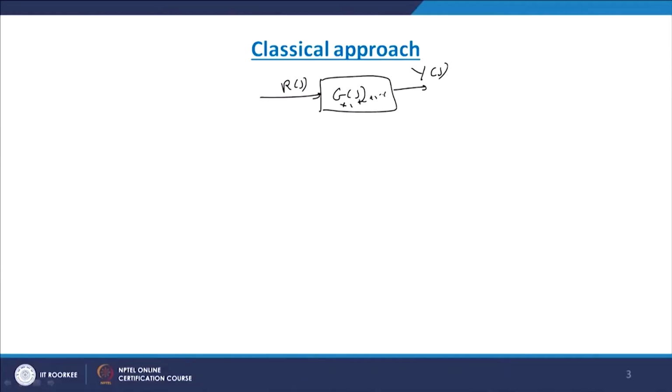But in state space we are concerned not only with the input and output, but also the internal states, x1, x2, x3, xn. All these states are important, they govern the performance, and how these states behave also needs to be known.